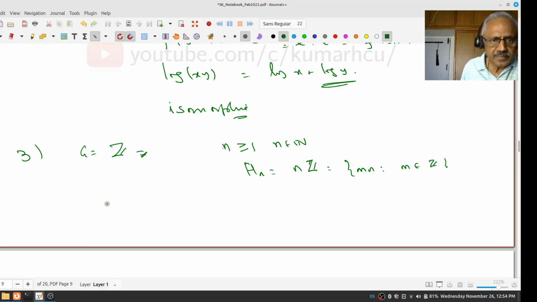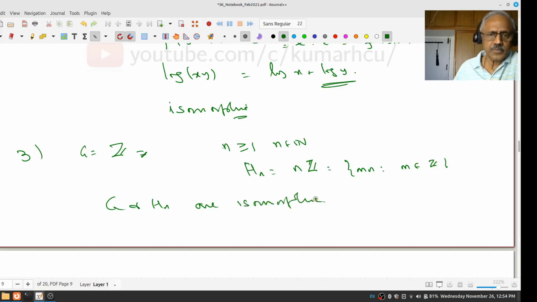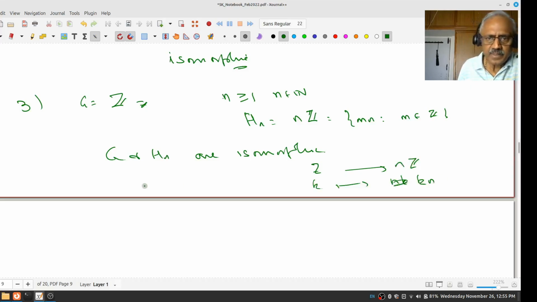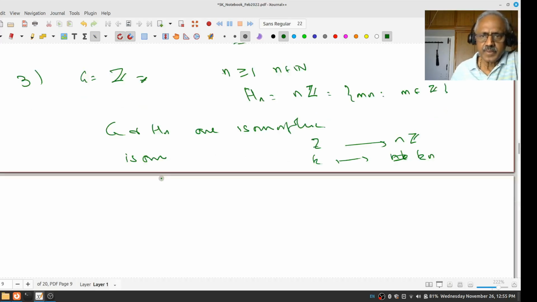Then I claim G and H_n are isomorphic. This we had already seen, because you map any k in Z to n times k, or kn. This is an isomorphism. Okay, so pause, review.